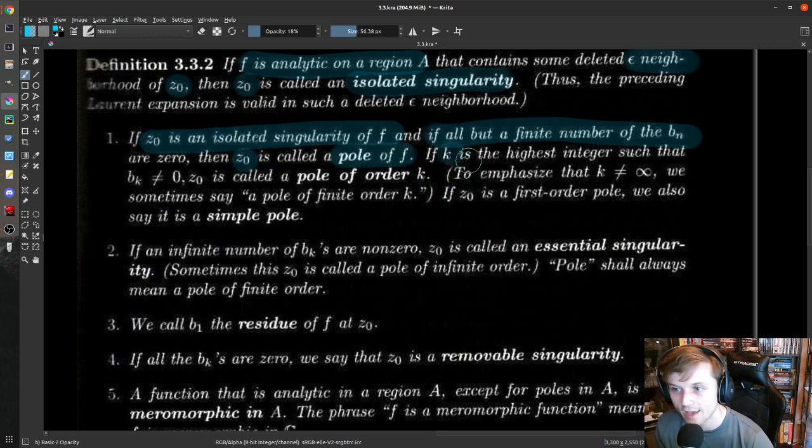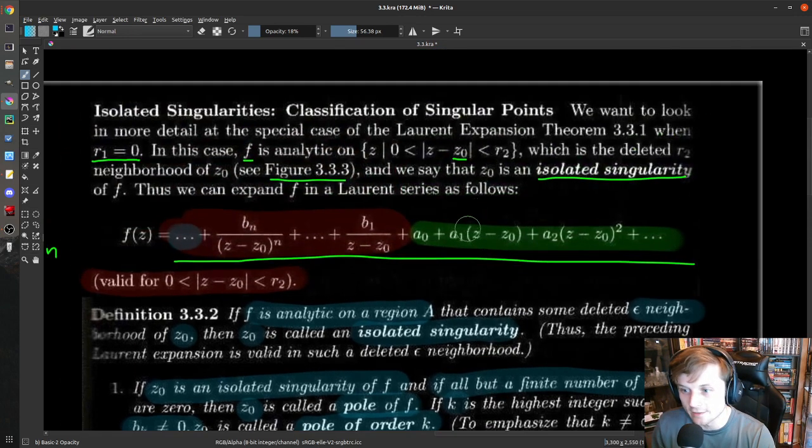If k is the highest integer such that bk is not equal to 0, we're going to call it a pole of order k. This is like when we were talking about zeros of order k last time, where you looked at the first term on the Taylor series side of things that was non-zero. Now we're just looking at the opposite way.